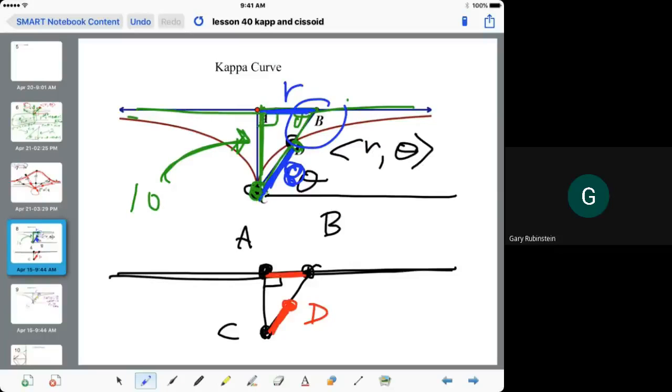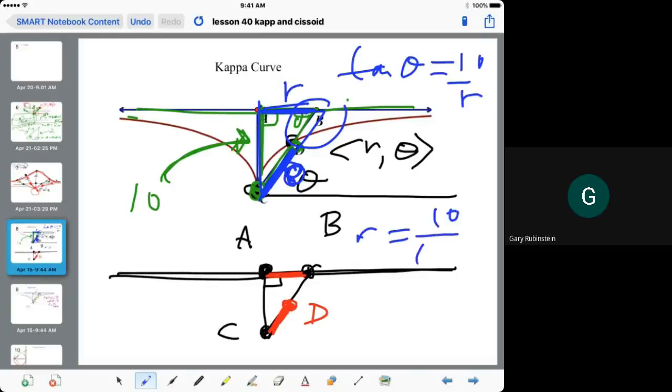So if this is r, that's also r. So my triangle looks like that, and that's why the answer is tan theta equals opposite over adjacent, 10 over r, or r equals 10 over tan theta, sorry.